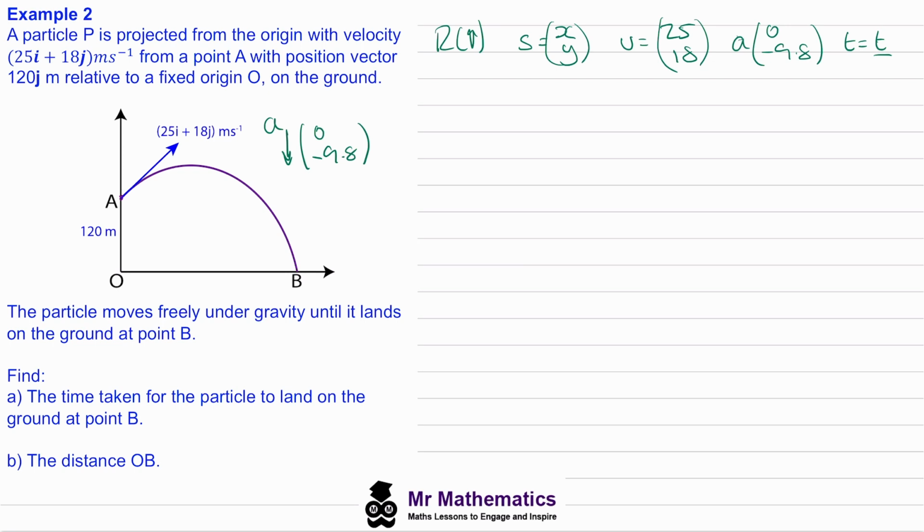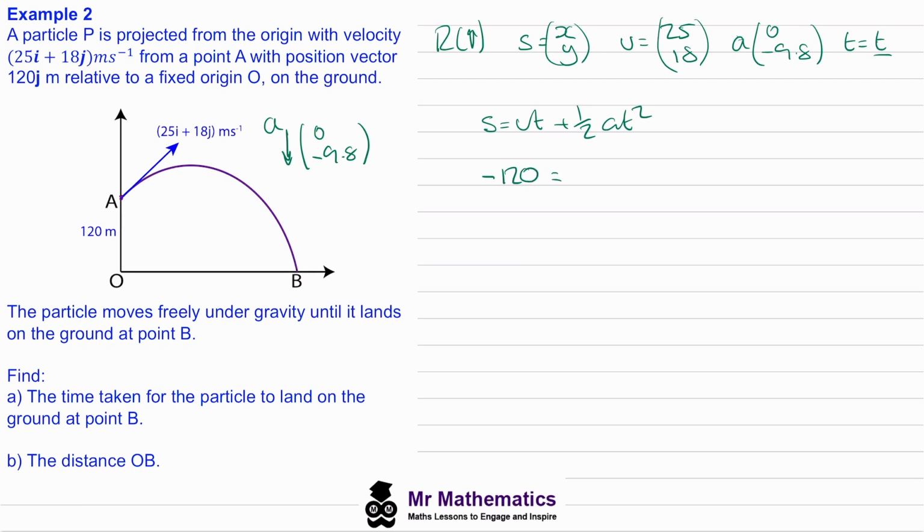So this time we can use s is equal to ut plus a half at squared. Now if we think about what's happening, initially it starts at 120 above ground level, but what we want is for it to land at ground level at B. So vertically it's travelled from 120 to 0. So the displacement vertically would be negative 120.